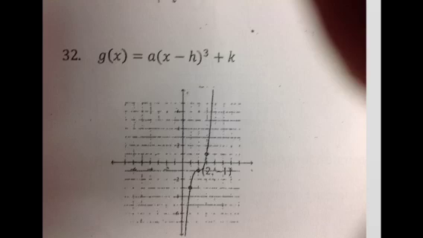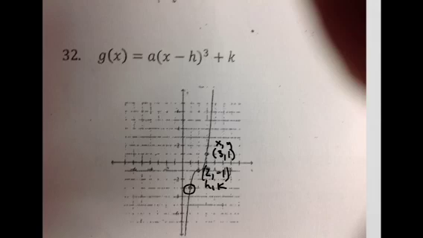So the point here is 3, 1. So 3, 1 is my XY. And this is my HK. And again, I can use this point if I want, but since you only need one, I'll just stick with the 3, 1. Okay?